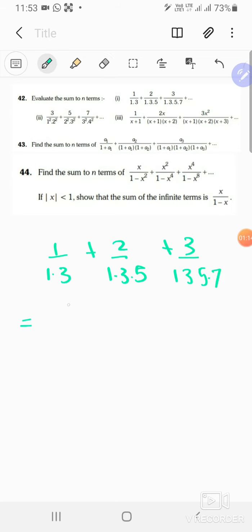So this can be written as, first of all, you have just 2 minus 1. Okay, fine. So you have 2 upon 1 into 3. Then you have 3 minus 1, so 3 upon 1 into 3 into 5. Wait, okay, fine. So that is like we are changing the series. So if we want to know what this series is, first of all we should try to calculate what that thing is. So that's not the nice way out.